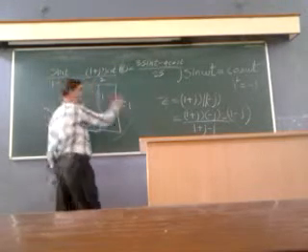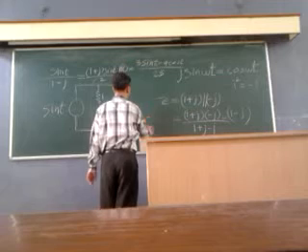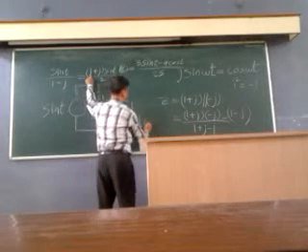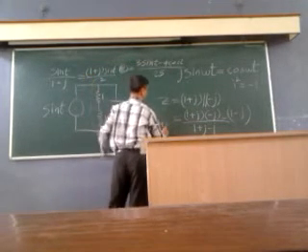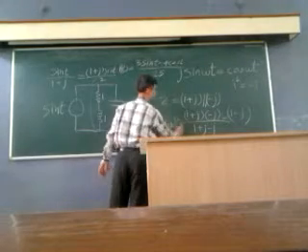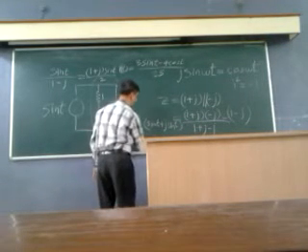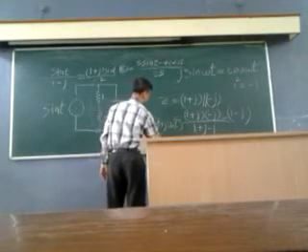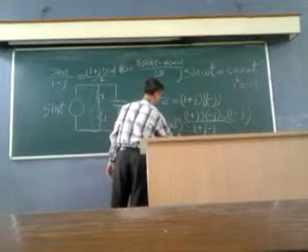So that is half into the bracket sin t plus J sin t, and J sin t is cos t. That is half into the bracket sin t plus cos t.